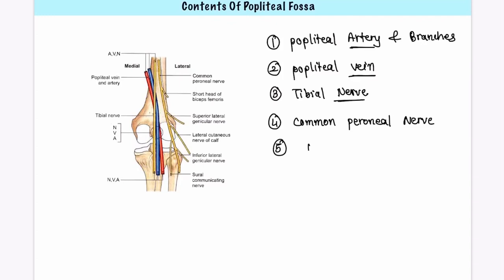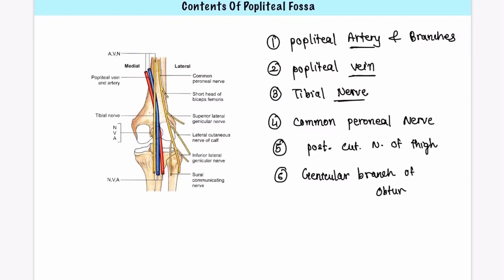Fifth is posterior cutaneous nerve of thigh. Sixth is genicular branch of obturator nerve. And seventh is popliteal lymph nodes. And eighth is fat which surrounds all these structures.